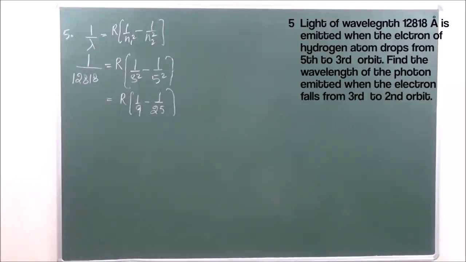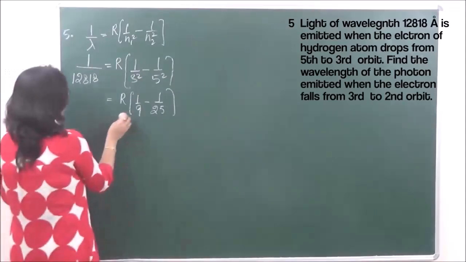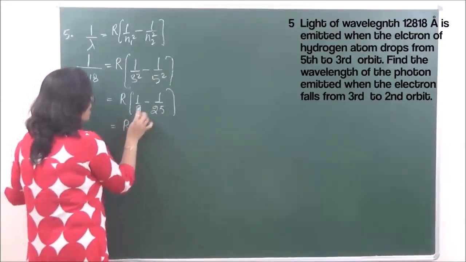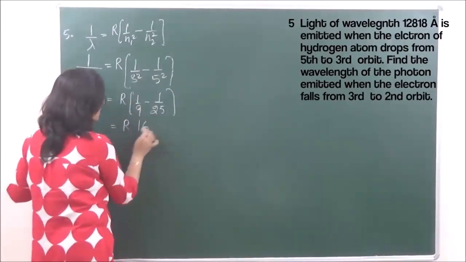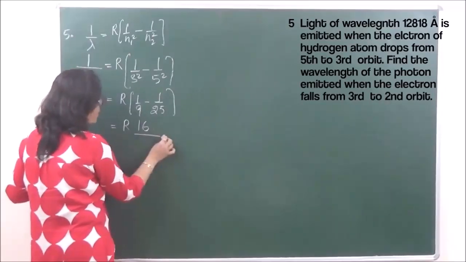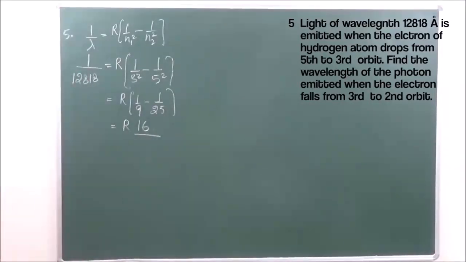When calculated, it comes to R into 16 upon 9 into 25.